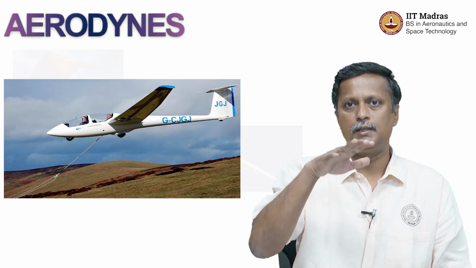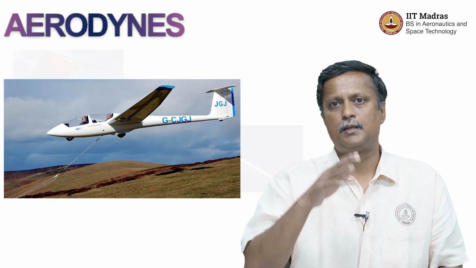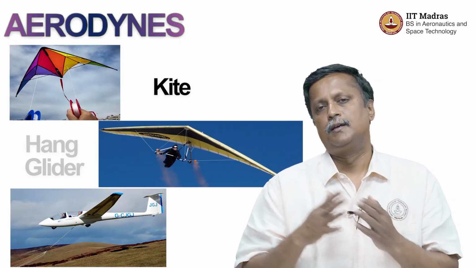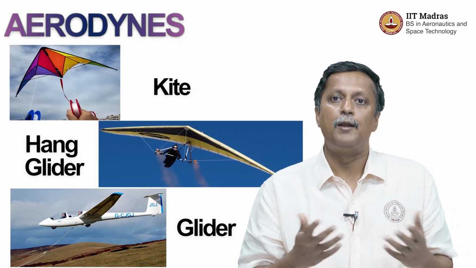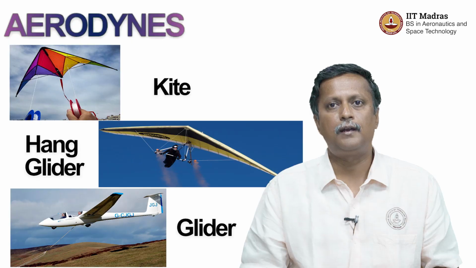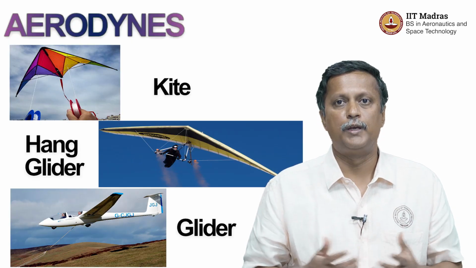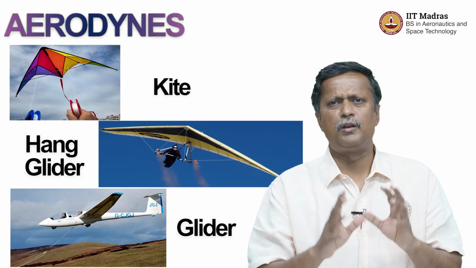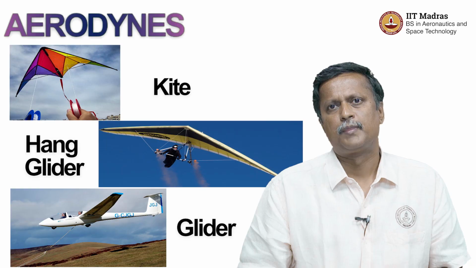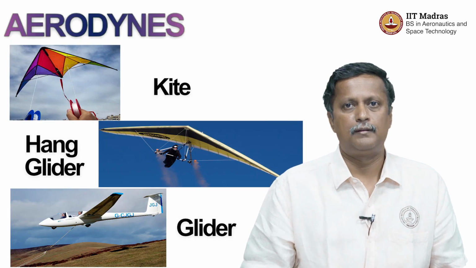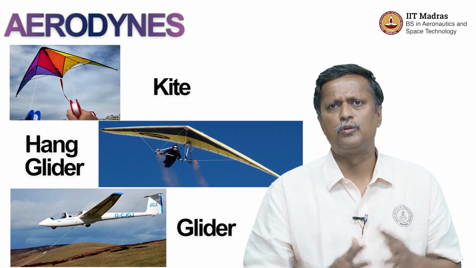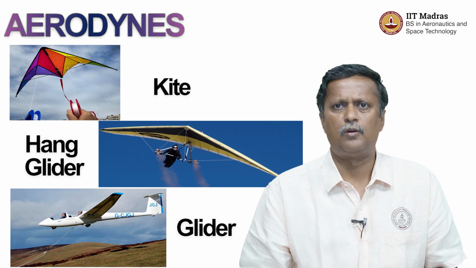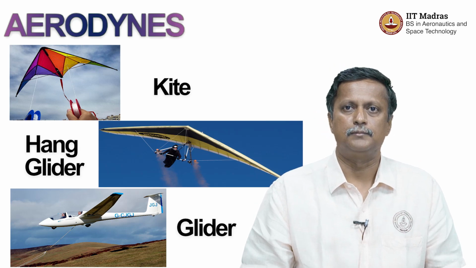At a certain velocity, aerodynamic forces are generated and it's airborne. So these kites and hang gliders are all unpowered. I am not using any extra power source, no engine as such. So they are only for shorter flights. They are not as practical. That's why they are used only for fun purposes, not really for any practical application.